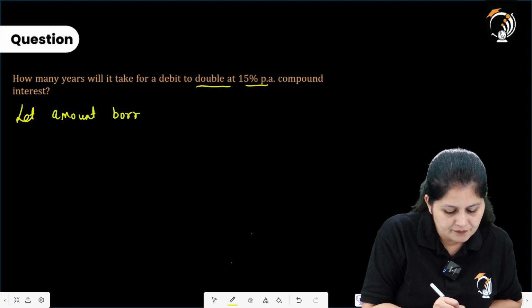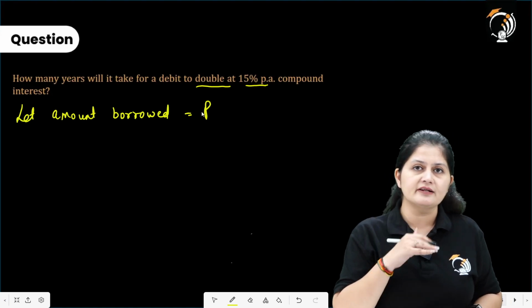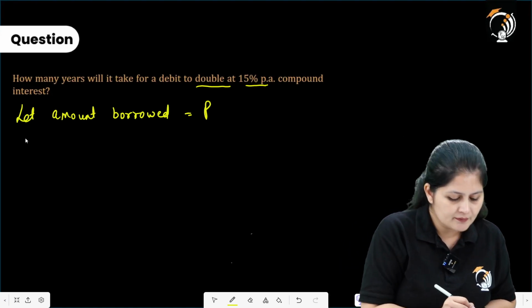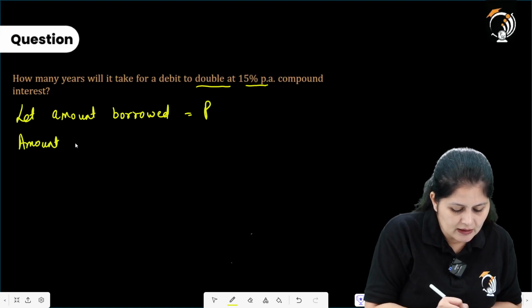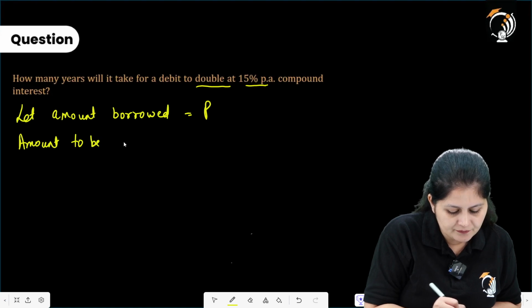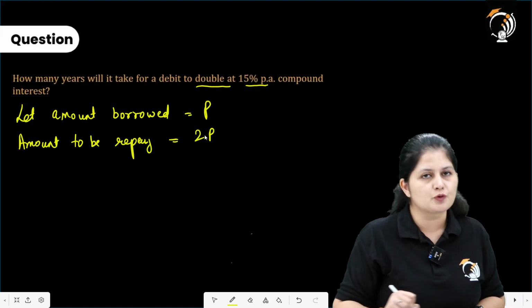So simply, let the amount borrowed be equal to P, right? In that case, the final amount to be repaid is going to be the double of it, which is 2P, right?